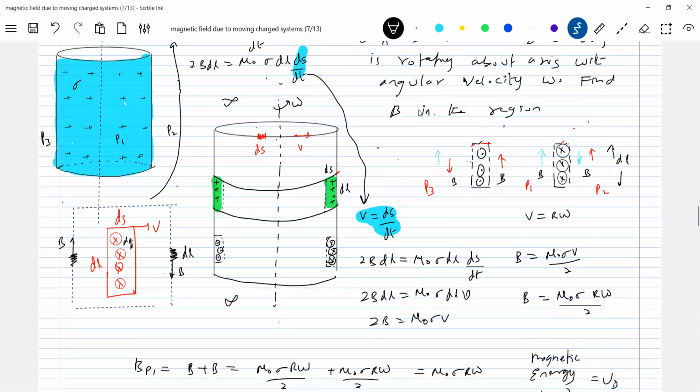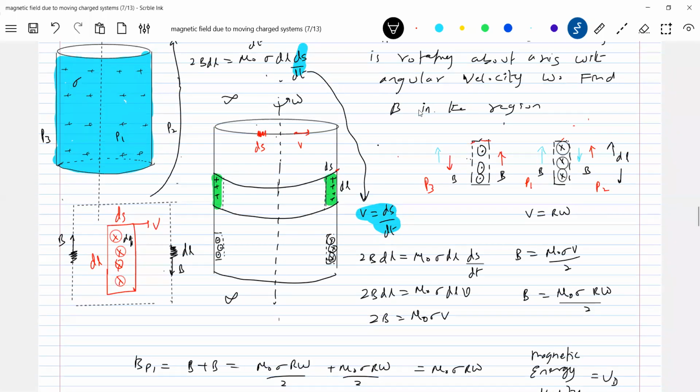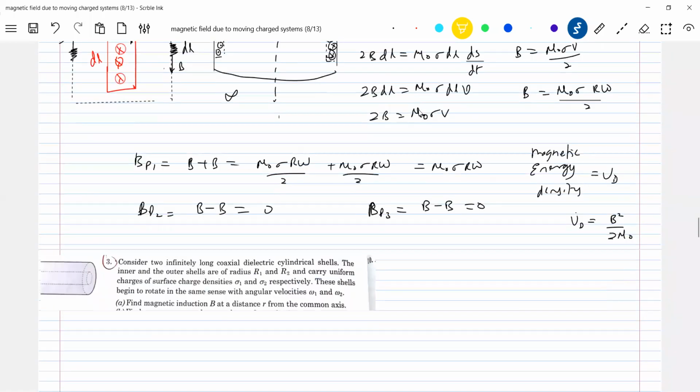We can also take this like a strip, like a ring of radius r and the width dl. It's rotating, and you know due to rotating charge, what is the magnetic field? Work out, and there's the elemental ring. You can try that also. If you want to try, you'll get the answer.